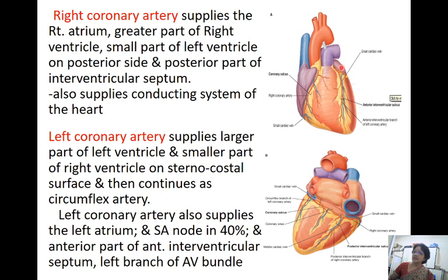It supplies the left atrium, supplies the SA node in 40%, the anterior part of the interventricular septum, and also the left atrioventricular bundle, the left bundle branch and the AV bundle. So the left part of the bundle is supplied by the left coronary. The rest of the conducting system is supplied by the right.